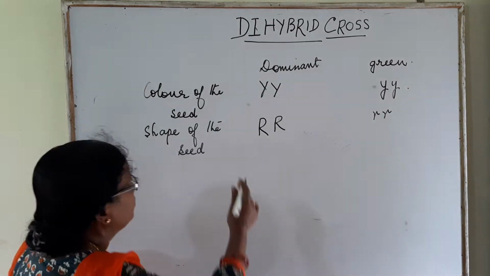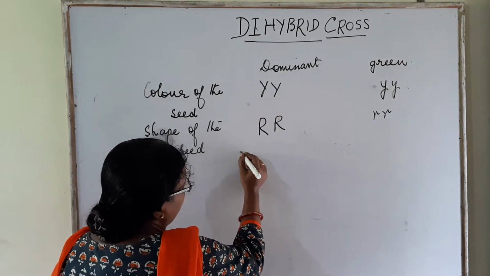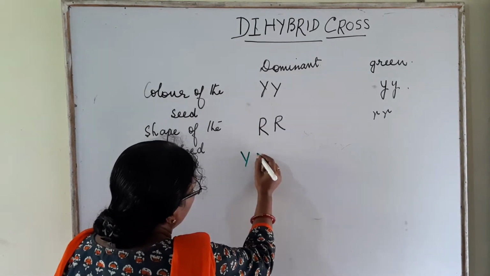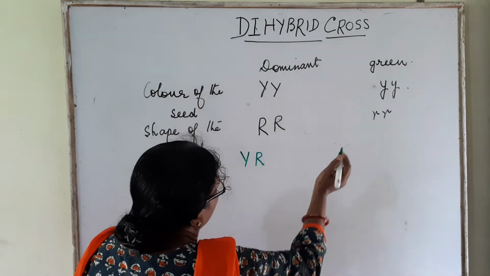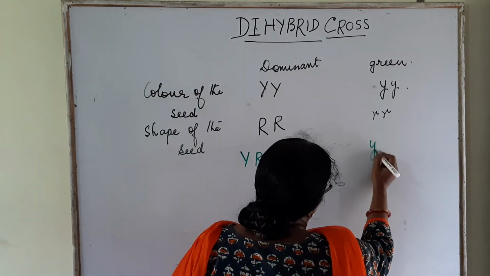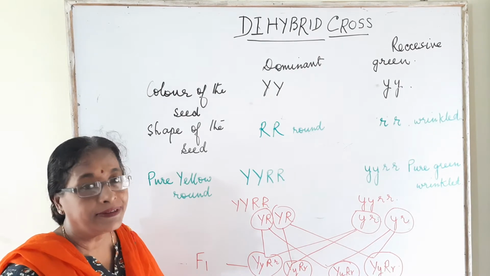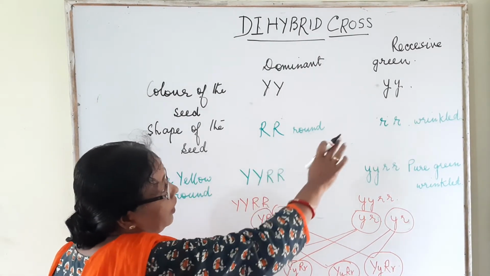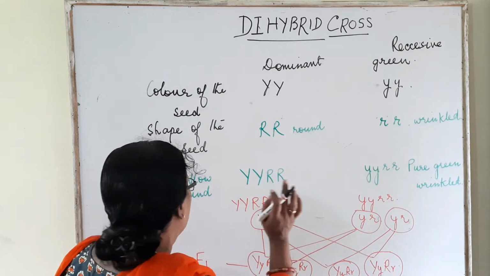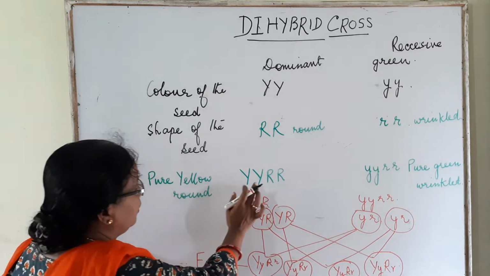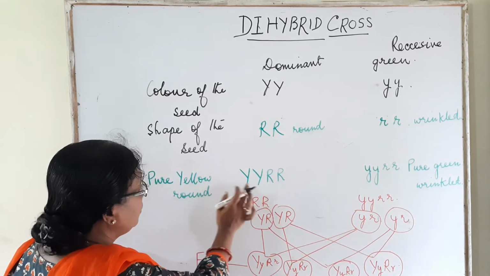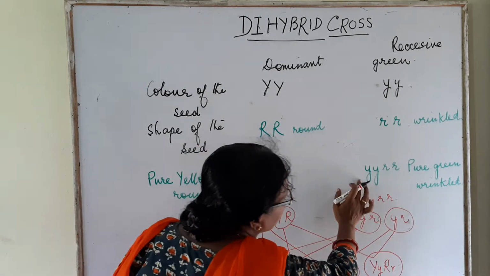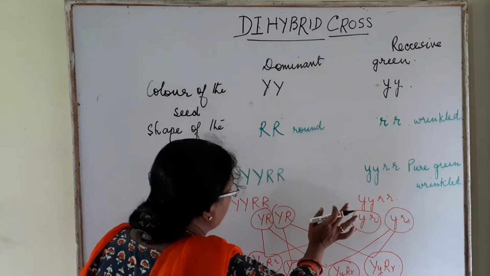Mendel crossed homozygous yellow and round with homozygous green and wrinkled. For the shape of the seed, the dominant was round and recessive was wrinkled. So the gametes that Mendel got are round and yellow as dominant, and wrinkled and green as recessive.